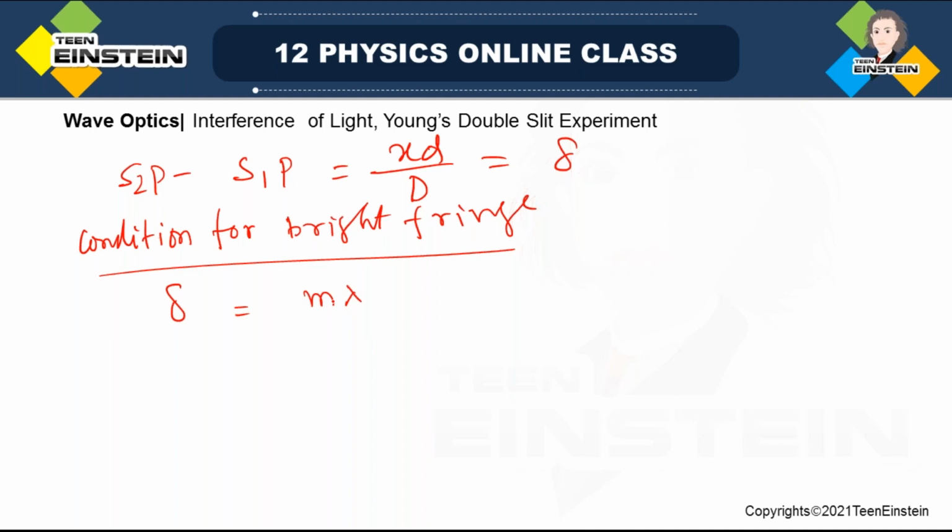So we have got delta as xd by D, which is equal to m lambda. Okay?